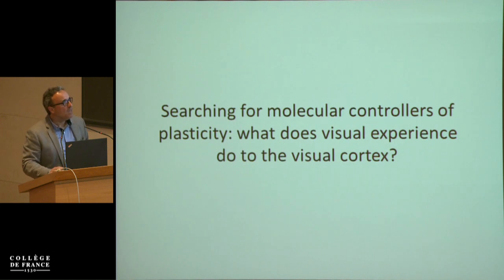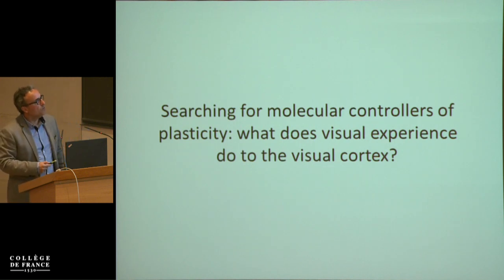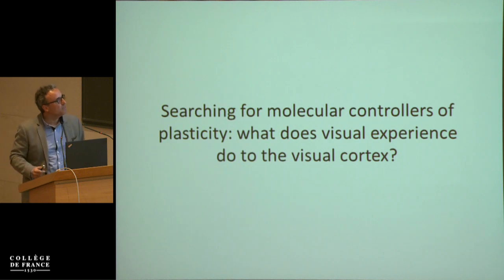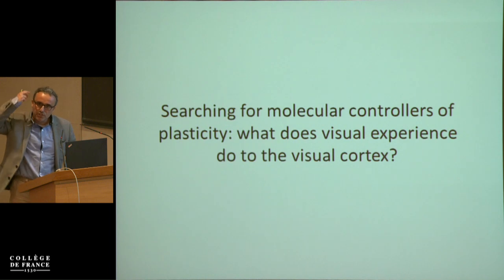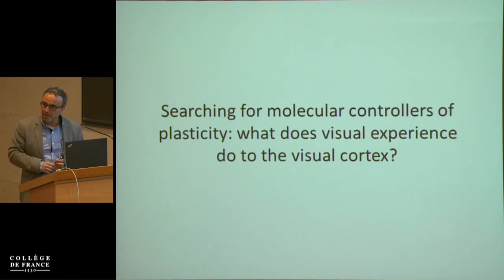In particular, we base our search on this question: what the hell is visual experience doing to the visual cortex? Because after all, you change a circuit just closing one eye. So even with passive stimulation for a few days, you can have an ocular dominance shift, even with 1 day of monocular deprivation.